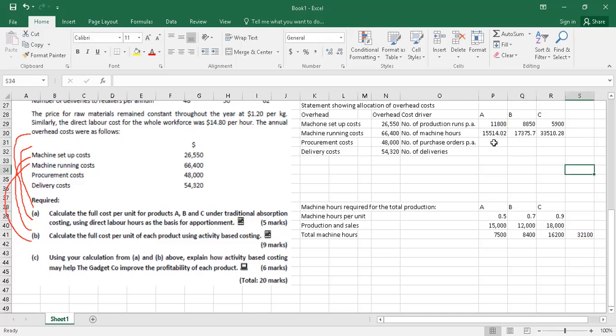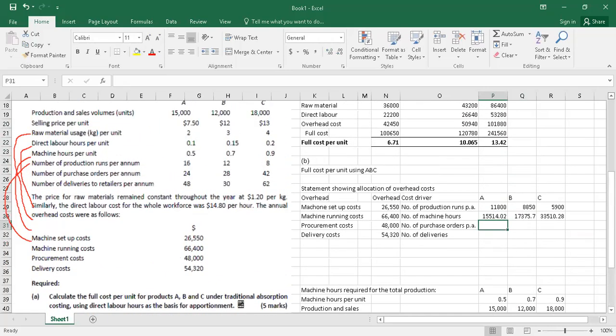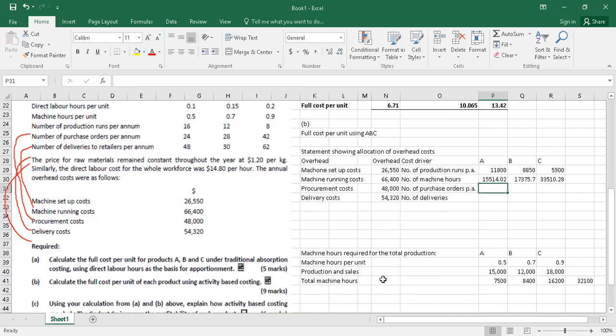Now comes procurement cost. The reason why I have done this is that the production and sales volume is given per annum. Number of production runs, purchase orders and deliveries are per annum, but machine hours are given per unit. Therefore we needed to make the machine hours per annum as well.